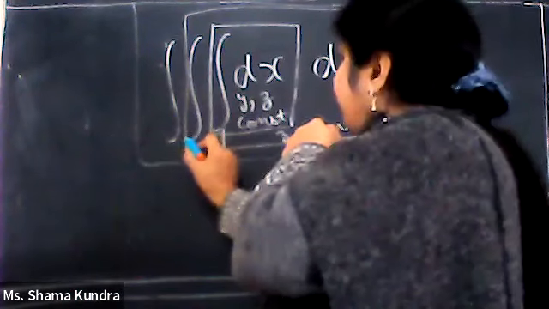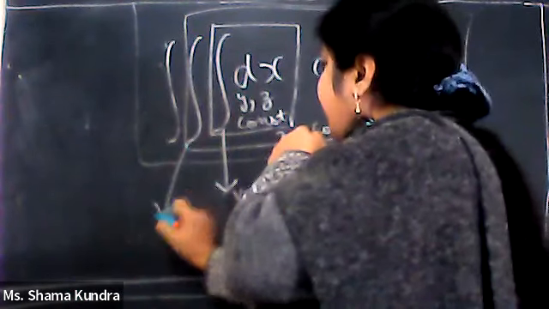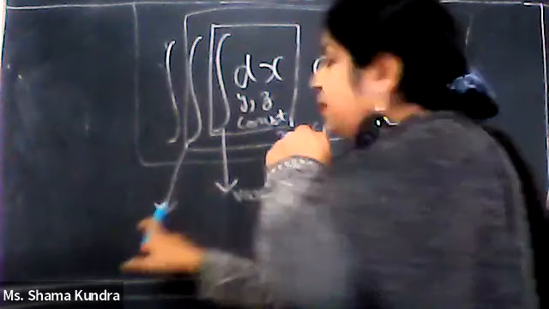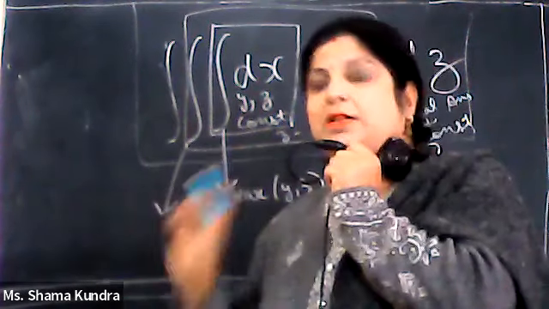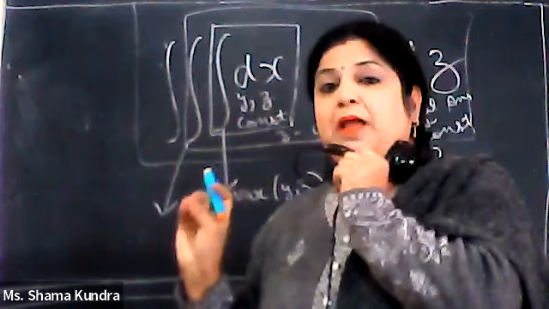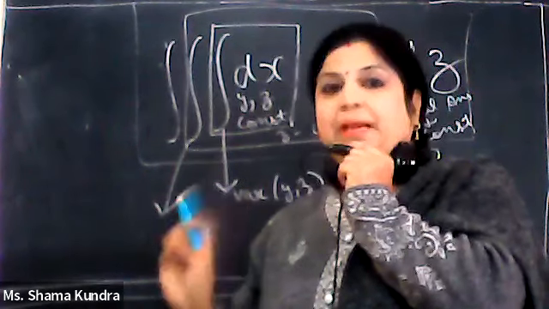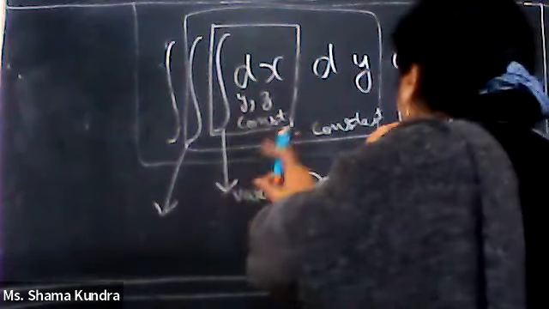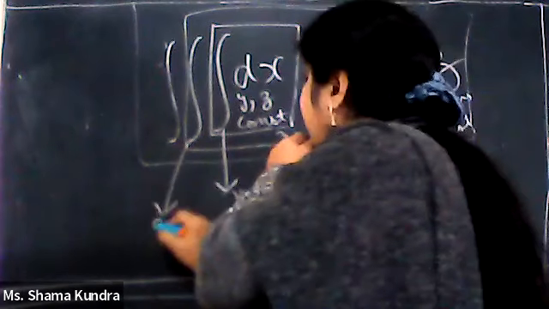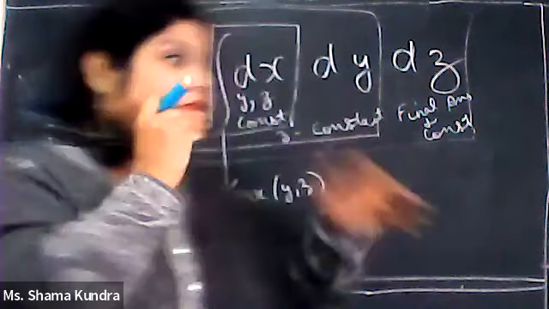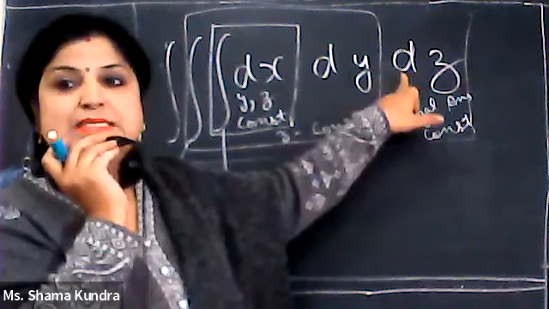Now, when we integrate with respect to y, this limit may be constant or variable, but in case of variable, this limit must be in z, as we are left only with z.